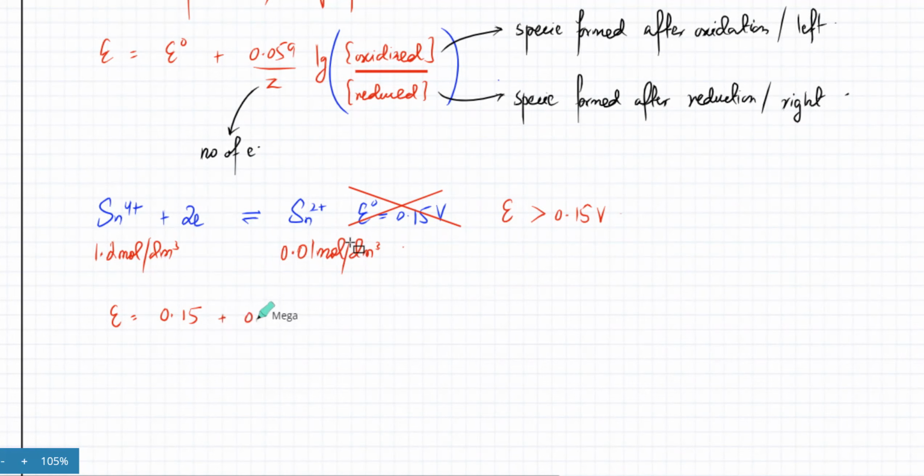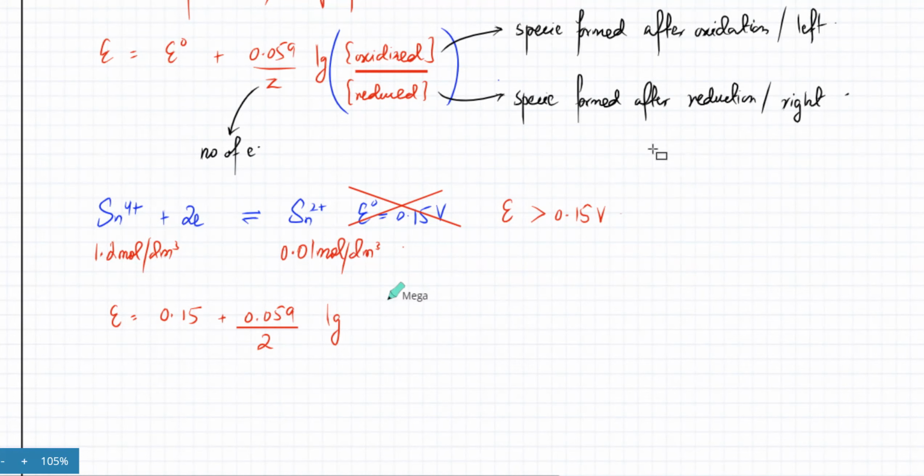It's the number of electrons, which in this case is 2, right? Yes. And log of oxidized species over reduced species. So what concentration should I put over here? Oxidized, is it 1.2 or 0.01?